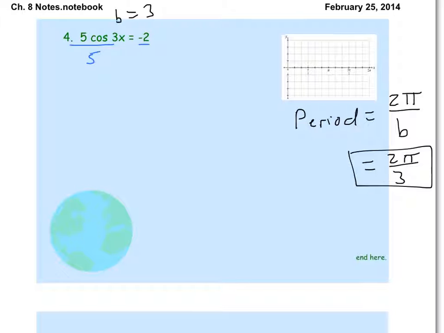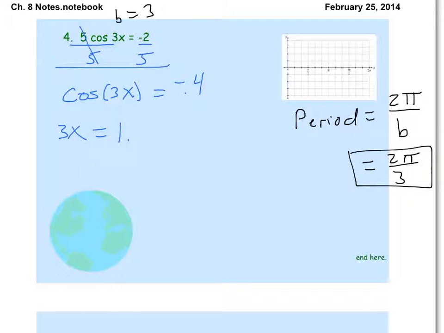Let's divide by 5. We get cosine of 3x equals negative 0.4. This would be the point where I do the inverse. Negative 0.4 does not look like a key point from the unit circle. So I go to my calculator, I do the inverse, and that rounds to 1.98 radians.